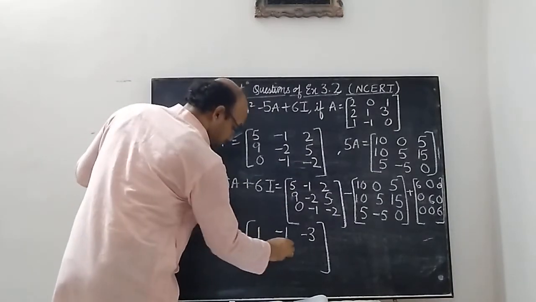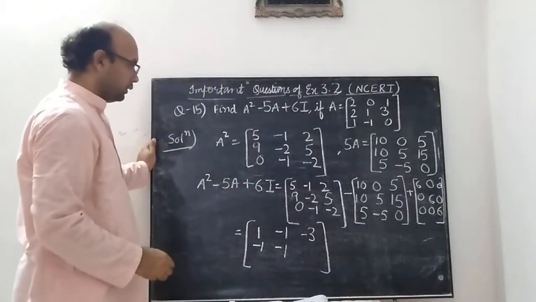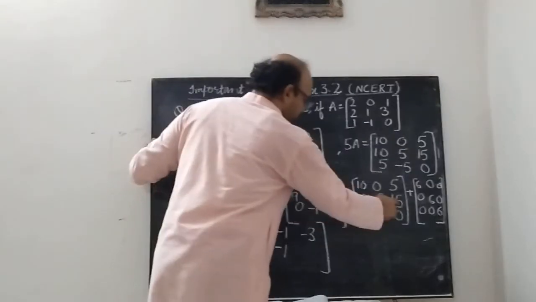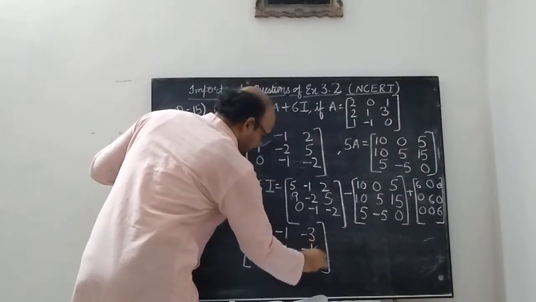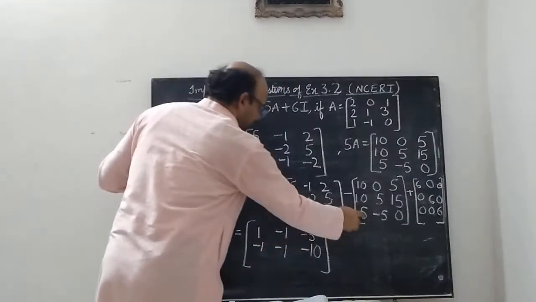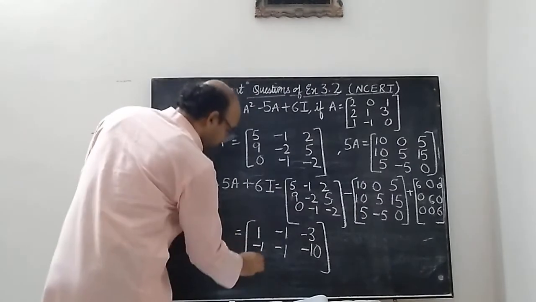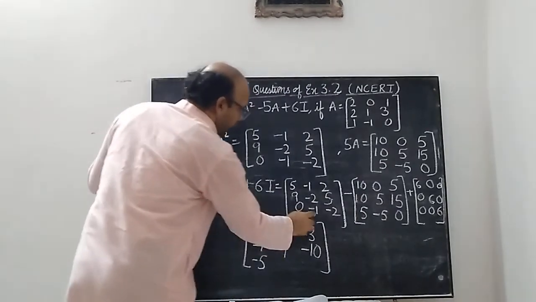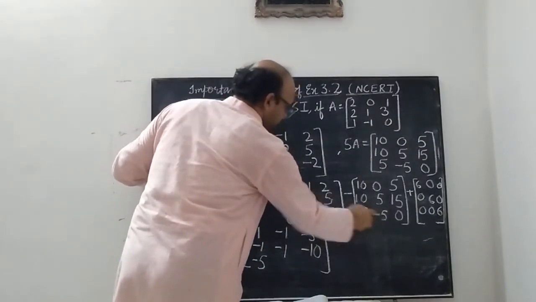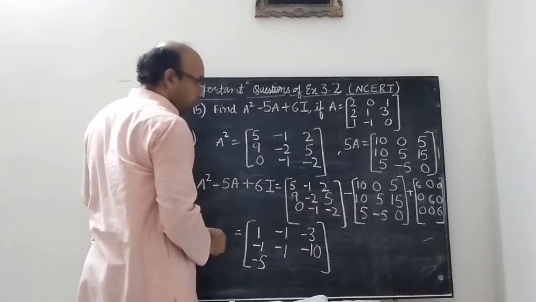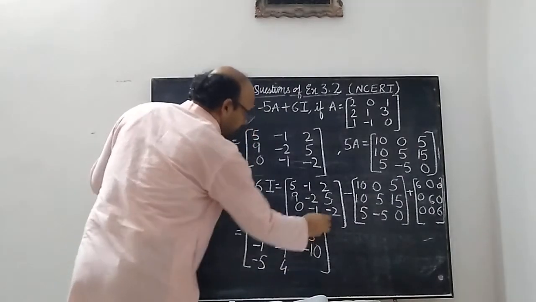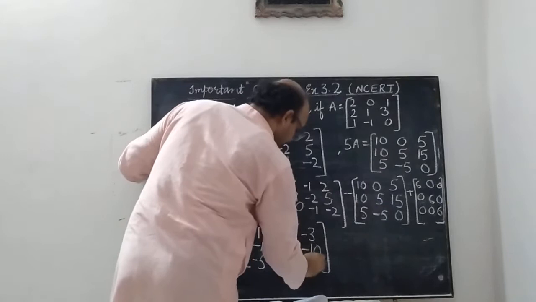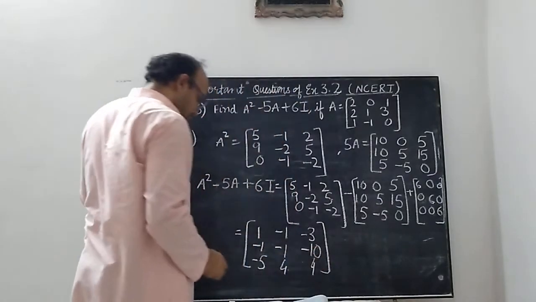Plus 6 is minus 1. 5 minus 15 is minus 10. So you have minus 10. 0 minus 5 is minus 5. Minus 1 plus 5 is 4. And then you have minus 2 plus 6 is 4.